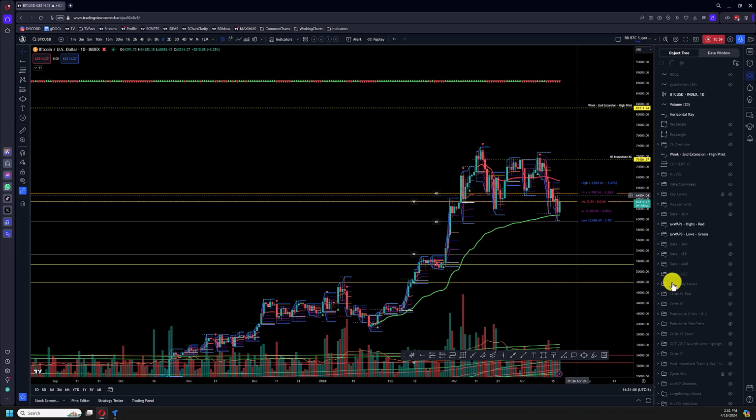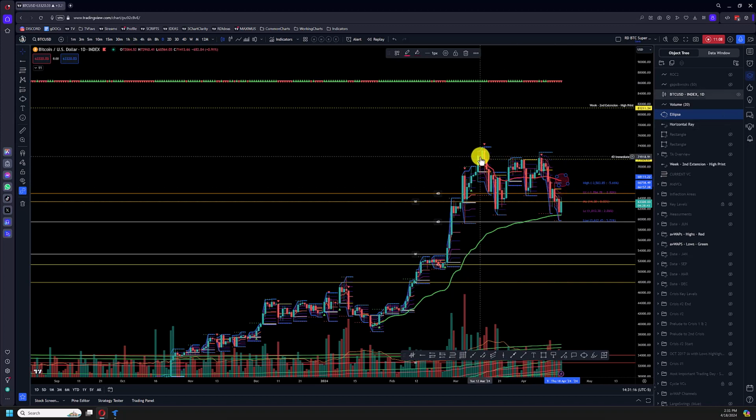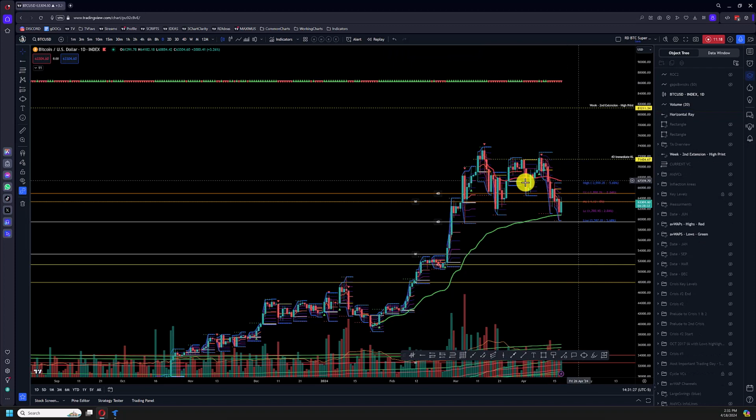But what you have to concern yourself with, as far as maybe taking profits or a reaction zone, is this area right here, which is the anchored vWAP from the significant high. What I like to do is start drawing on the chart and basically just putting notes. That way I know where things are.